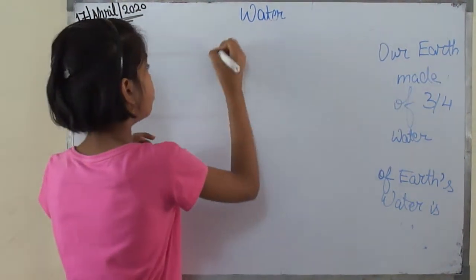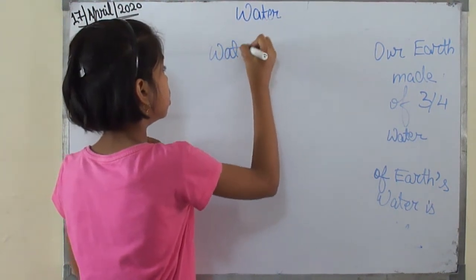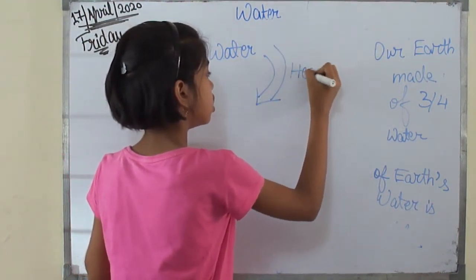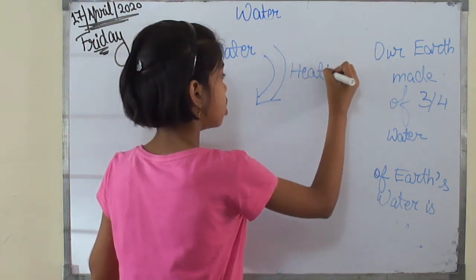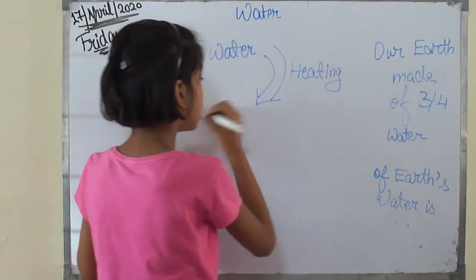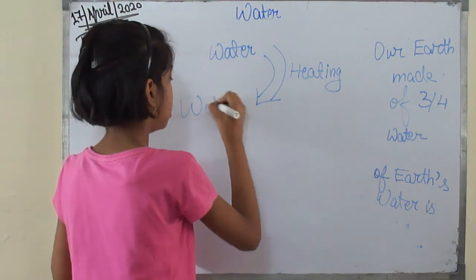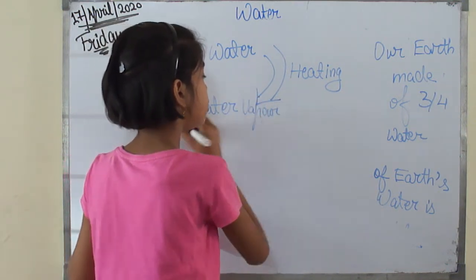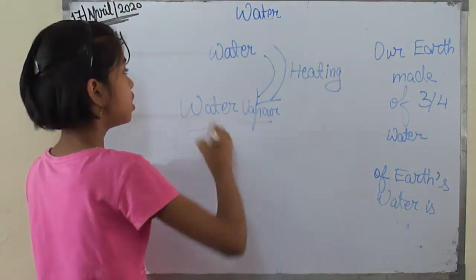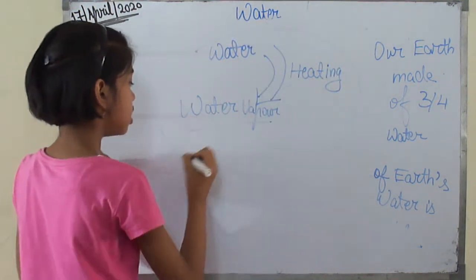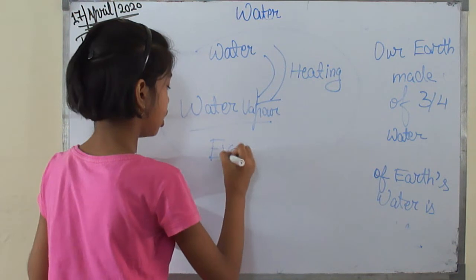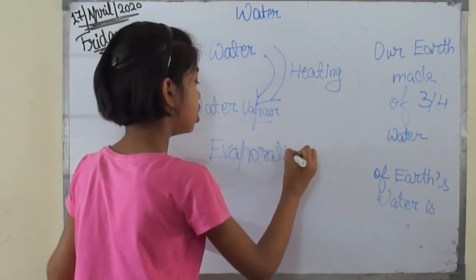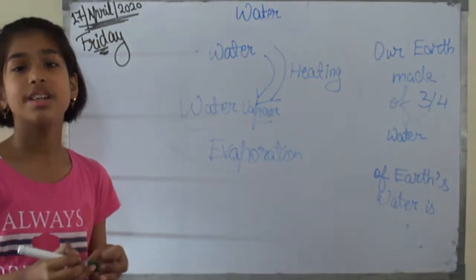So when the water is heated, on heating, it turns into water vapor. And this process is called evaporation. It is called evaporation.